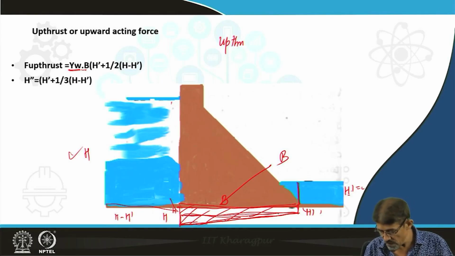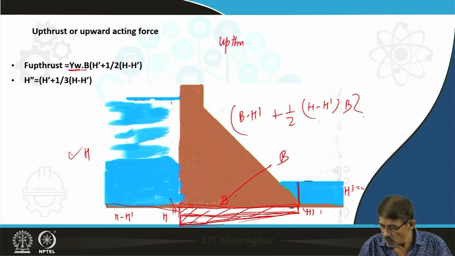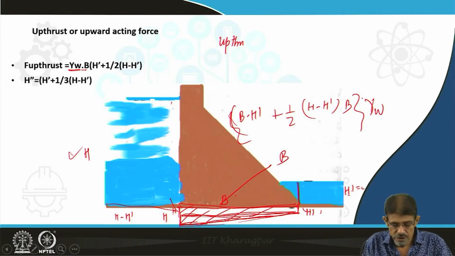So this triangular area is half of H minus H dash, into B, plus this whole area B into H dash, and the whole is multiplied by the unit weight of water.